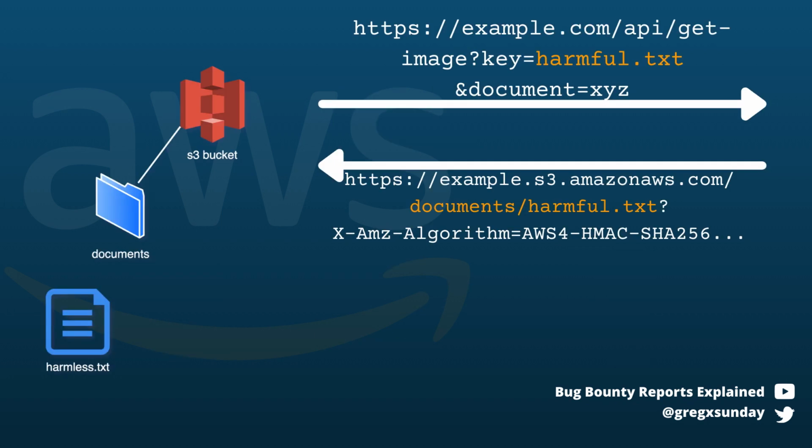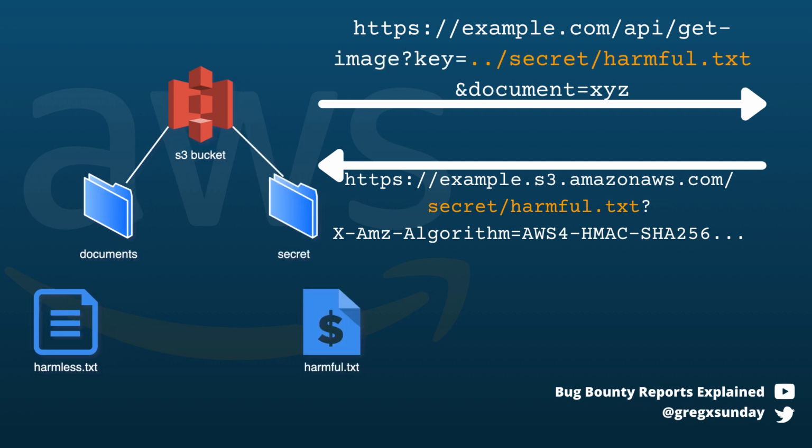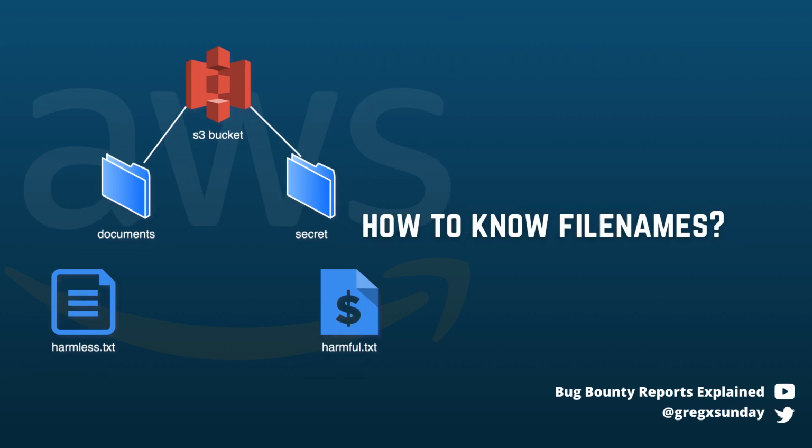For example, you can use path traversal to get a signed URL to a file from a completely different directory than the developers wanted to allow. But the problem is, even if we can read an arbitrary file, we don't know what files are stored there. We would have to blindly brute force file names, which would significantly reduce the impact.